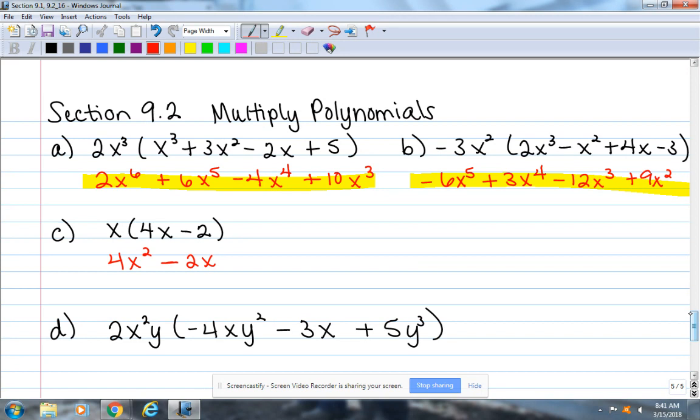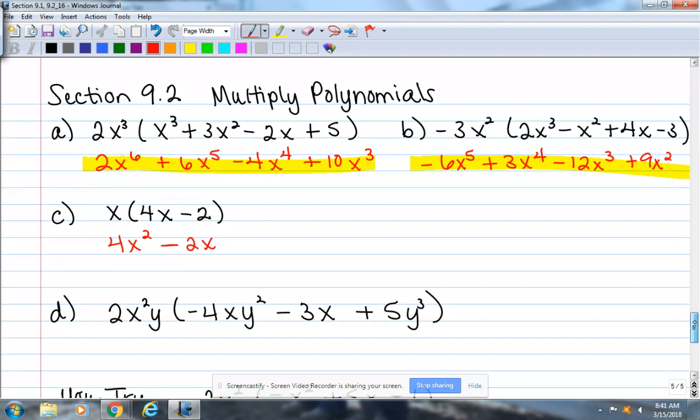We're going to multiply 2x squared y times everything. So when y'all get that copied down, look up at me. Good morning. All right. So what's 2 times negative 4? Negative 8. What's x squared times x? X to the third. And what's y times y squared? Y to the third. And that's our first term.